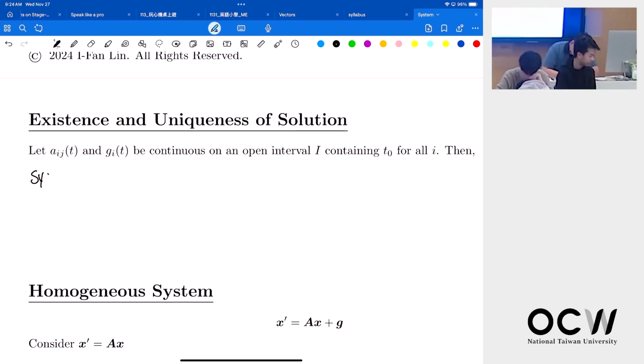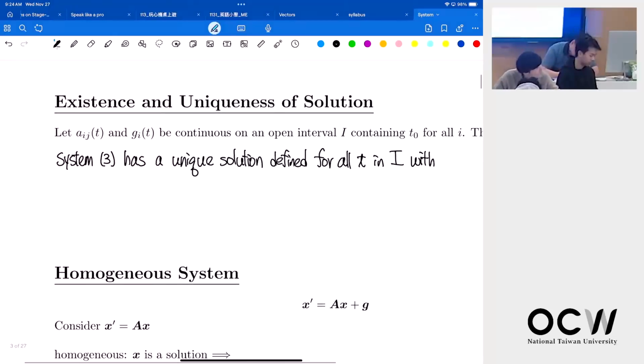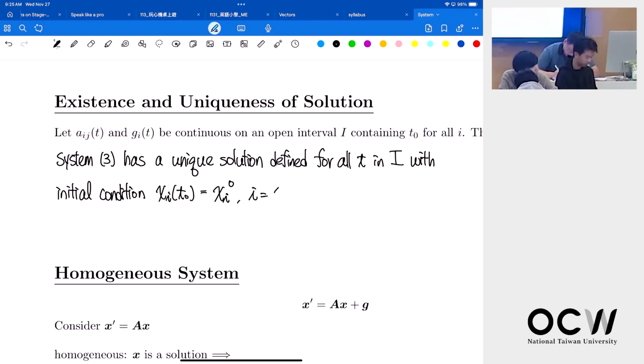System 3 has a unique solution, and this solution is defined for all time t in an interval I, with the initial condition x of t naught equals x0.